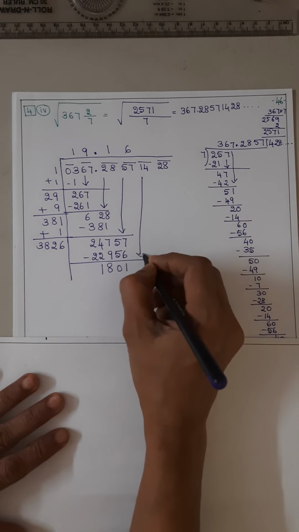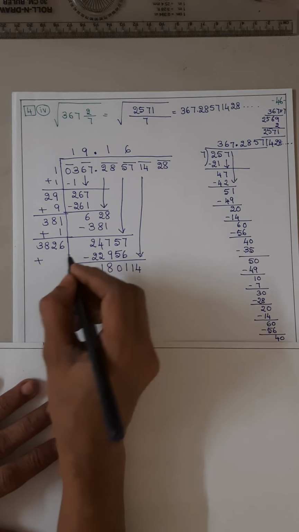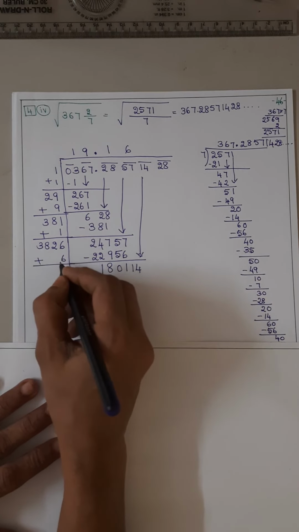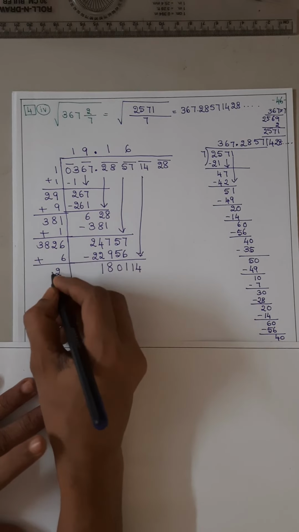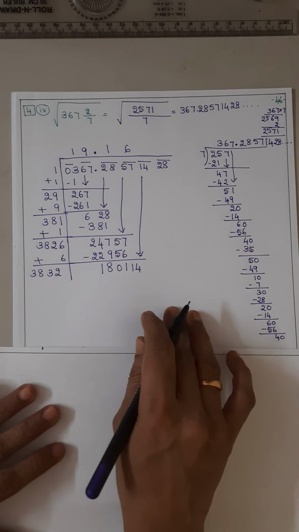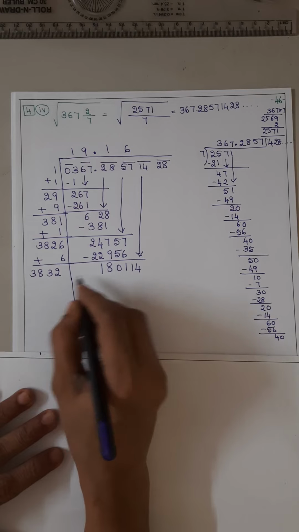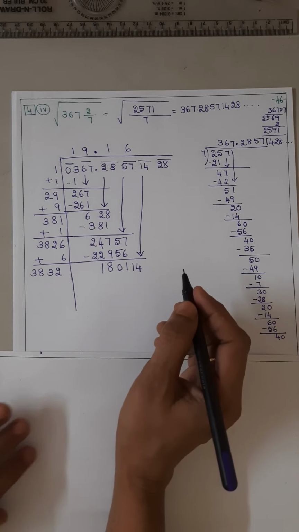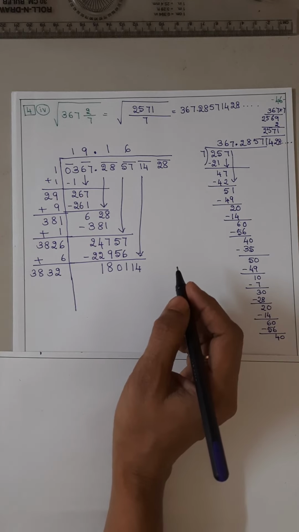Now bring 14 down. Add 6. 6 plus 6, 12. 1 plus 2, 3. 8 and this 3. Now 3 how much are 18?